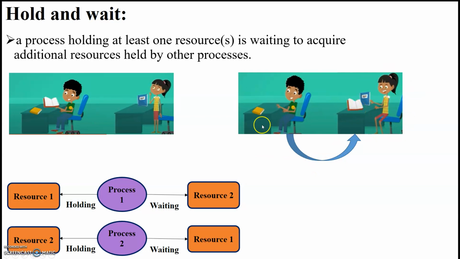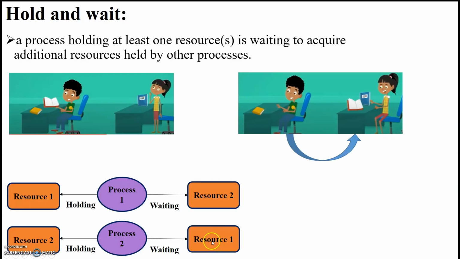Simple as it is. So a process here is holding at least one resource and it is waiting to acquire additional resources. So see, process P1 is holding at least one resource and is waiting to acquire the other resource which has been held by some other process. Similarly here, process P2 is holding R2 and it is waiting for R1. So this is the hold and wait condition.